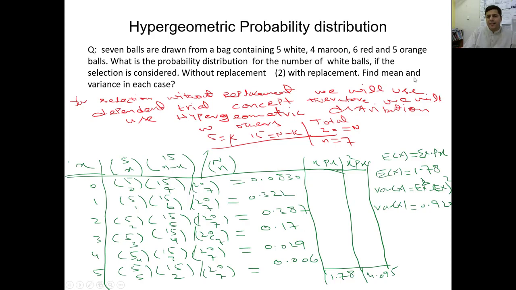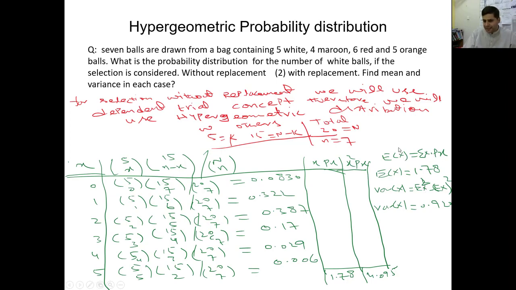Now they are asking you to find the mean and variance in each case. You people know that the mean of a probability distribution is the summation of x into px. So x times this, 2 times this, 3 times this. In this way, the summation of x into px will be the mean, 1.78. Variance of x we can write as E of x square minus the square of E of x. E of x square is the summation of x square into px, because E of x is the summation of x into px.